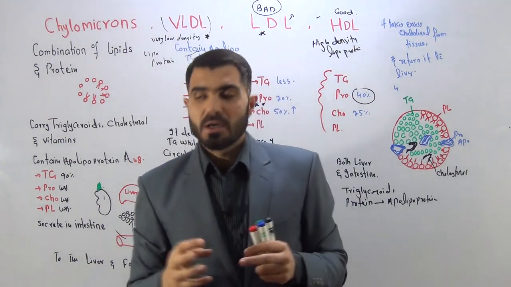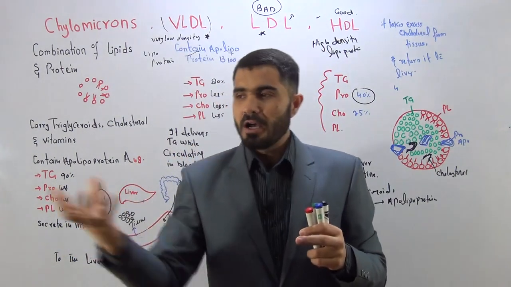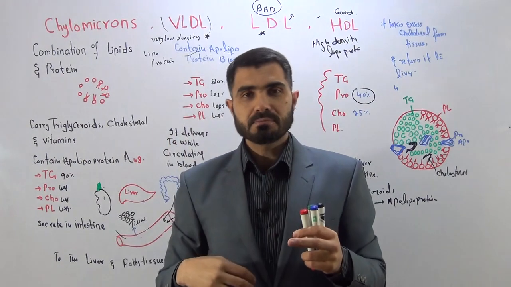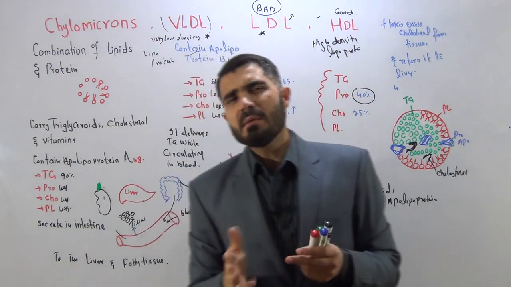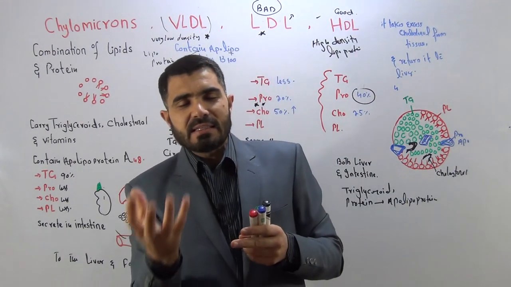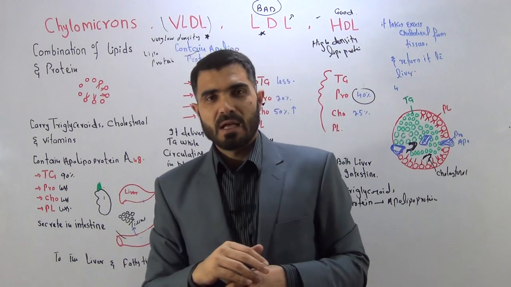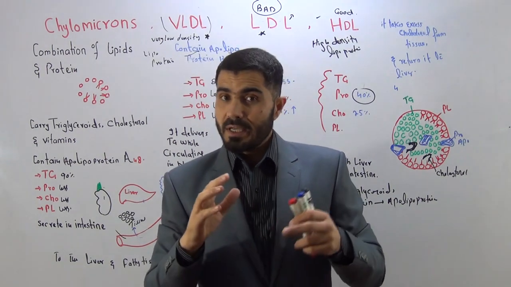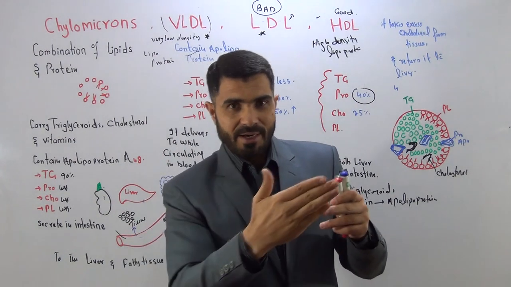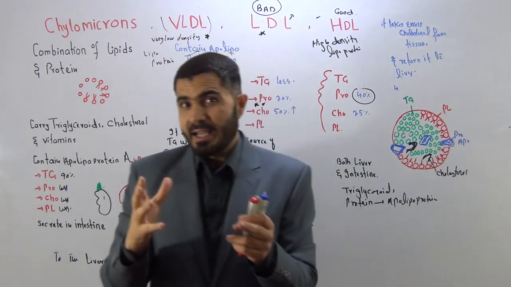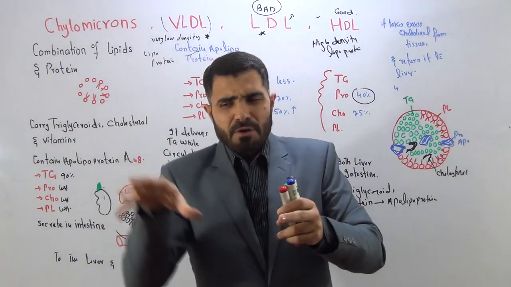You know, we take fats and lipids from outside in the diet, and when they reach our intestine, there must be some mechanism to take these fats to the target site. Individually lipids cannot travel in the blood, because it is the blood that should take the fats from the intestine to another place.